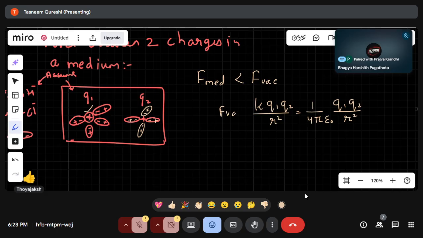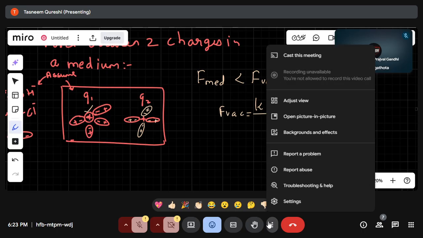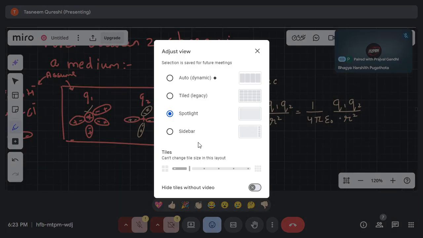I want to write the force in medium, and what I know is the force in medium is less than this particular force. So somehow I have to write an equation wherein all these terms should be present. Second point, the value should get reduced. So to do so, I will divide this equation by something.